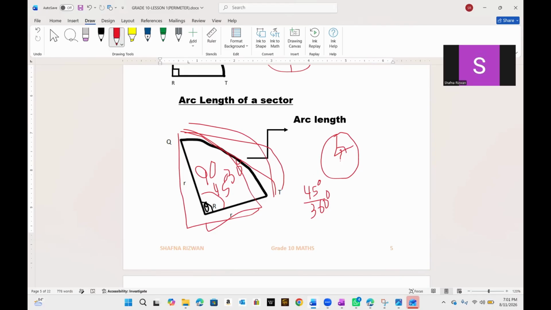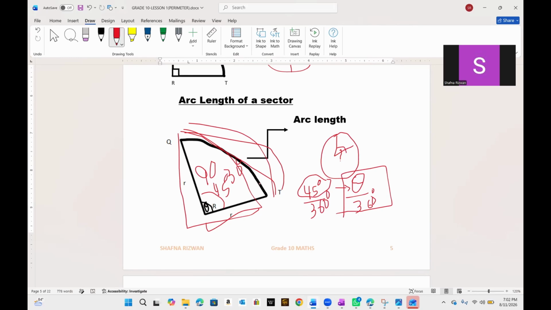What do we call this angle at the center? The symbol we use is theta. Then instead of 45, we say theta over 360 degrees. So this is how much of the circle we are taking.